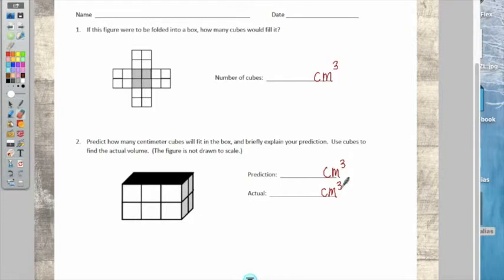So all you have to do is count up here or figure it out. Number 2, you need to predict how many centimeter cubes will fit in this box shown and explain your prediction. Somebody tell me how we've been explaining predictions today. Gavin? You did a multiplication problem. I just do a multiplication problem, but I'm using the word cubes in it.